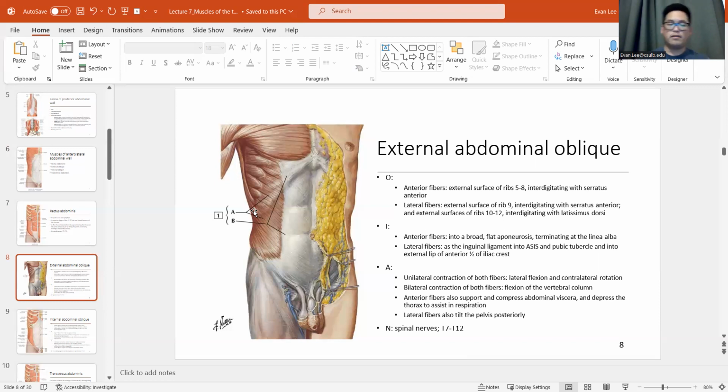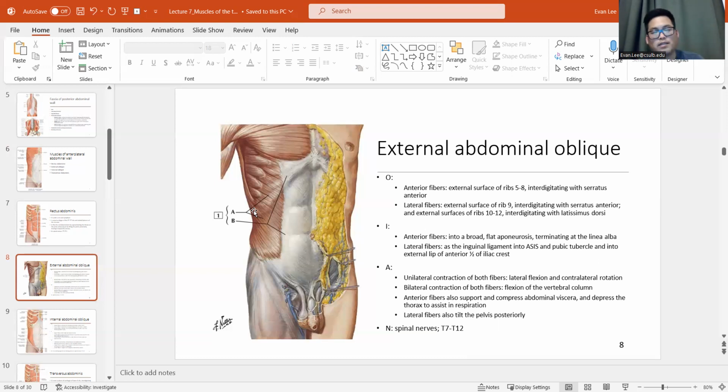So it's not just down in the lateral or sagittal planes, but it is helping with twisting the abdomen. But if bilaterally contracted, it can also help with flexion of the vertebral column, just like the rectus abdominis. So your sit-ups, your crunches, you use the external oblique to some extent, but mostly rectus abdominis.